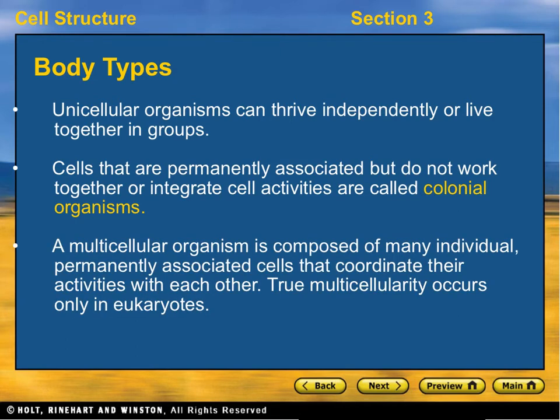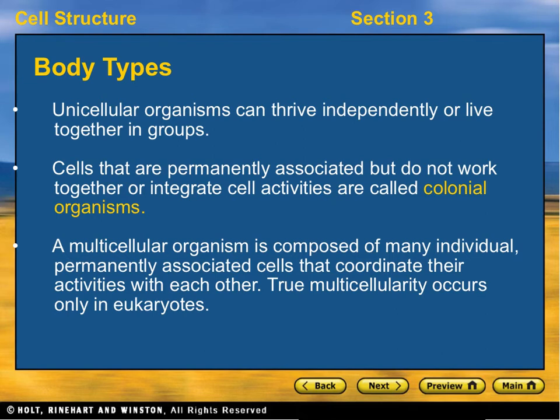When we end up with a multicellular organism, this is when we have many individual cells that are permanently together and they do coordinate their activities. Notice this last sentence here. It says true multicellularity occurs only in eukaryotes.